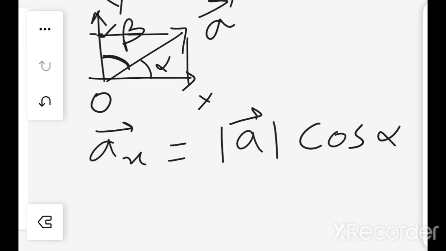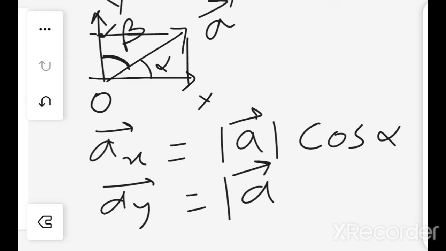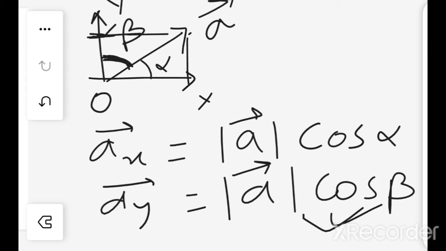Similarly, we can write the y component, A of y, as the magnitude of vector A cos of beta, because we need to find the projection of this vector A along the y-axis, so we need the y angle, the beta angle. Beta is the angle between vector A and the y-axis. So let us use this formula to calculate the components of the vectors in the given problem.